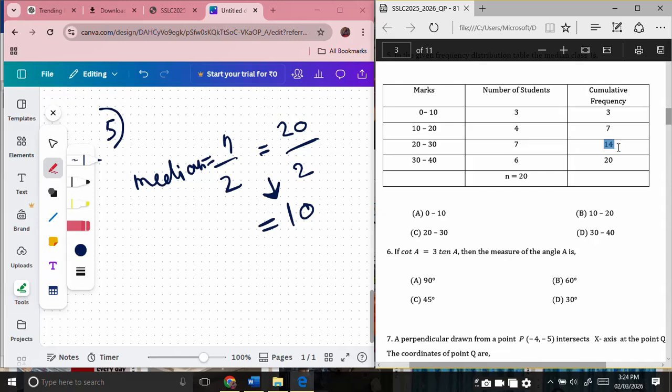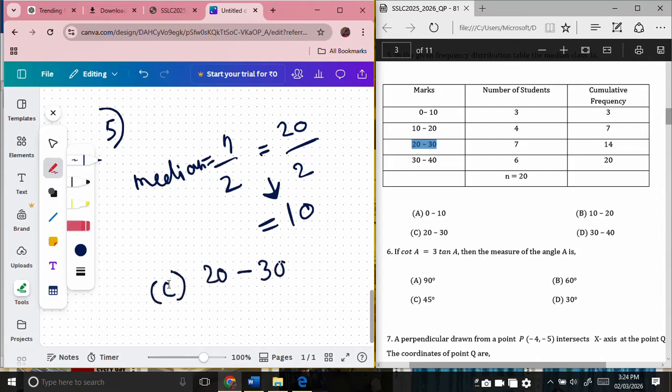After 10 only you can get 14; we should not check the before. So 14 is the right one. It is going to be the 20 to 30 option. What is the option number? It is C, which is 20 to 30.